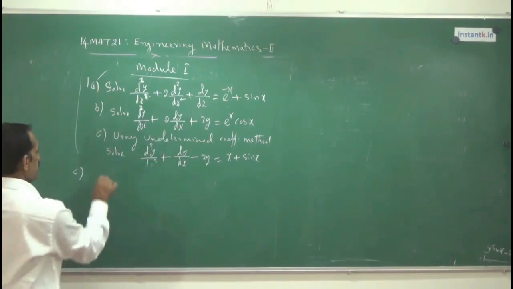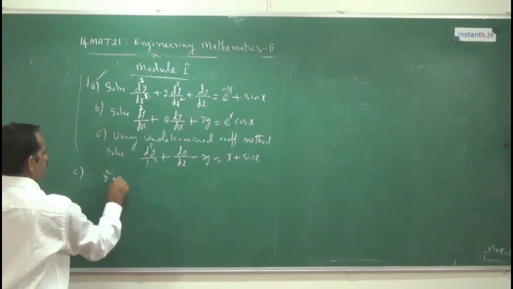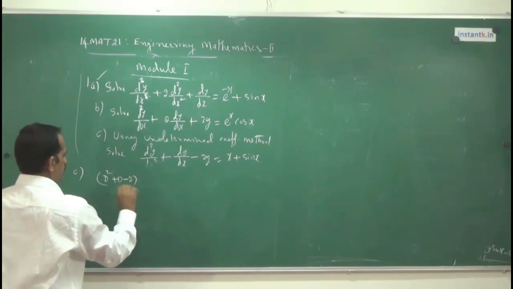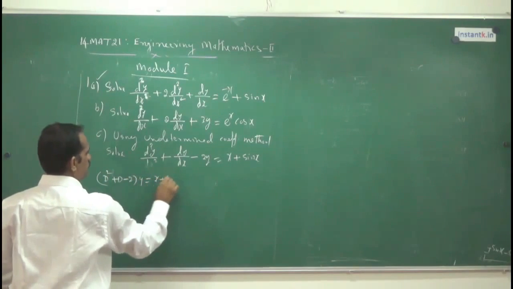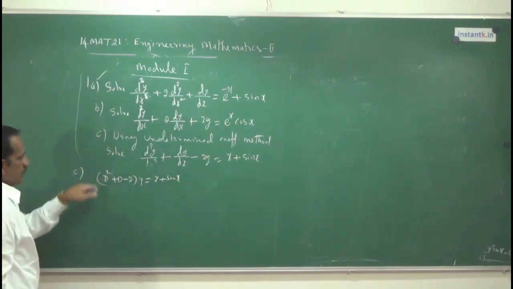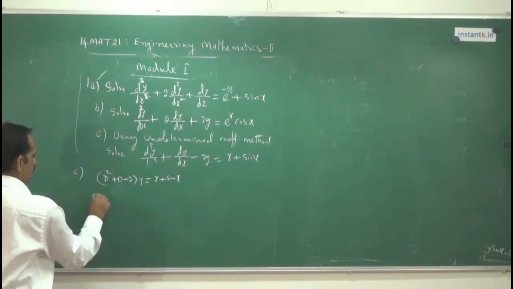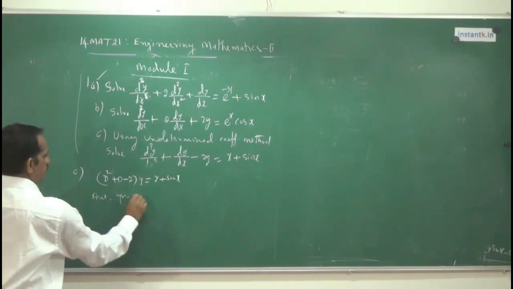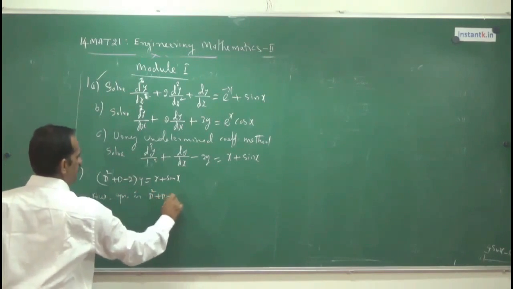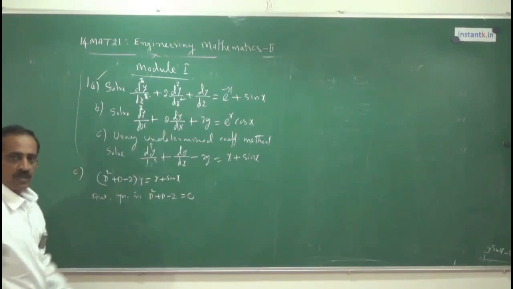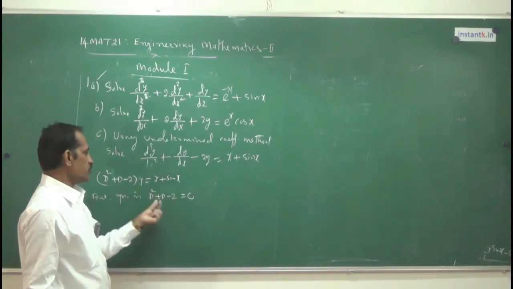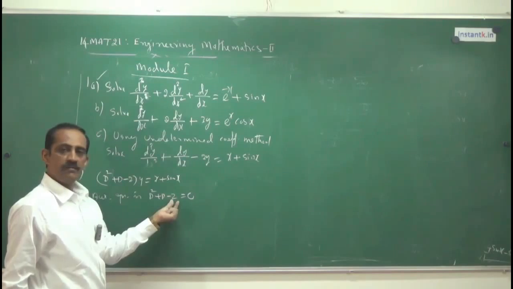First I can write it as d square plus d minus 2 into y equals x plus sin x. First what to do? Get the roots. Auxiliary equation is d square plus d minus 2 is equal to 0. Sum should be 1, product should be minus 2.